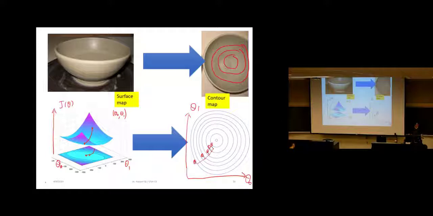So maybe let me review this. In that homework, similar to what we showed before, this is my first given point, (1, 2), and this is my second given point, (2, 3).